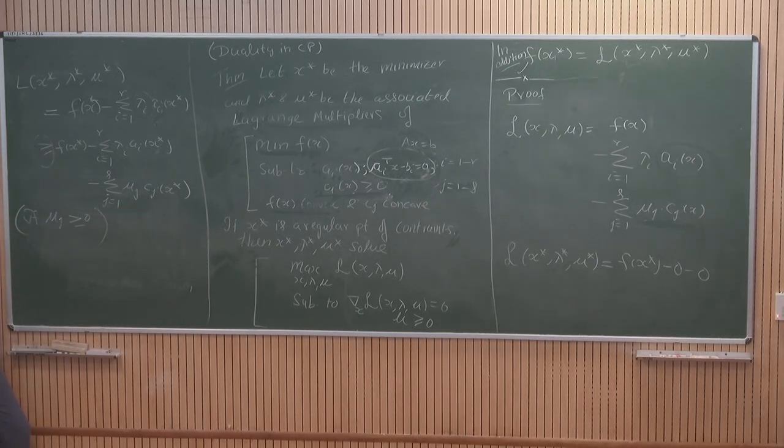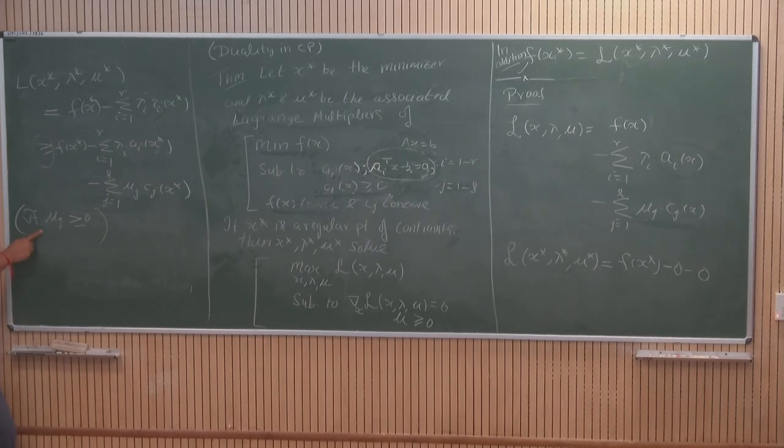Remember, mu_j c_j(x star) is greater than or equal to 0, not any mu_j. The necessary conditions said that x star, lambda star, mu star give you a minima or are the minimizer if those 5 or 6 conditions hold. So it doesn't hold for any mu.